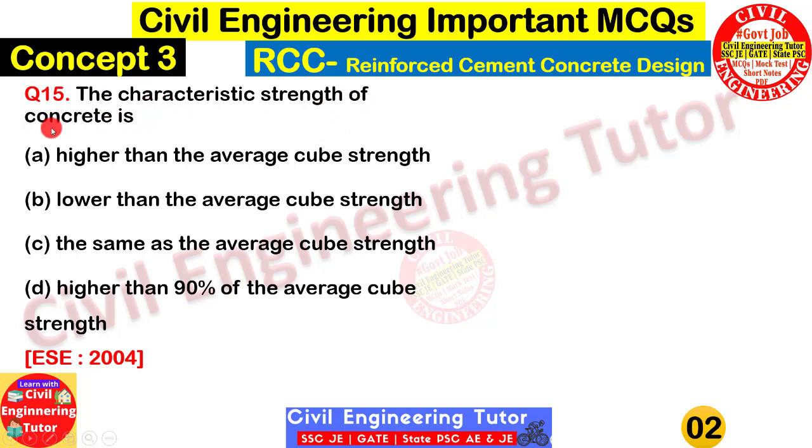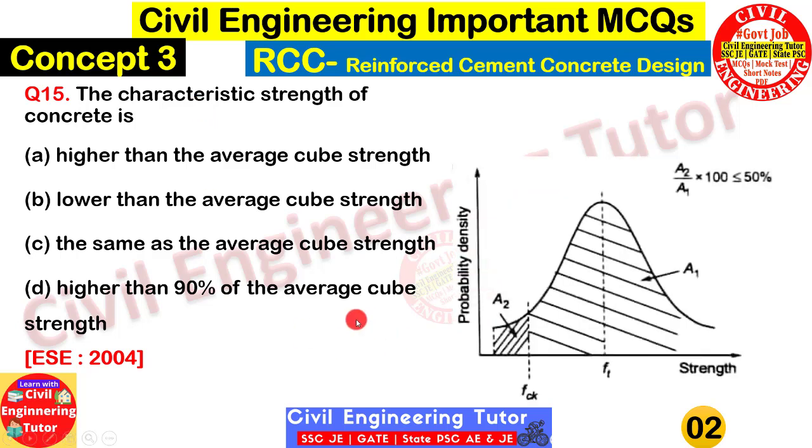So the characteristic strength of concrete is, so here the characteristic strength and average strength are compared. So characteristic strength is always lesser than average strength. Just remember this graph, or you can remember it this way: if 95% of the sample, or 95 students, are getting more than that value, that means out of a class, if 40 marks is achieved by more than 95 students, then some students might have got like 80, 90, 70.